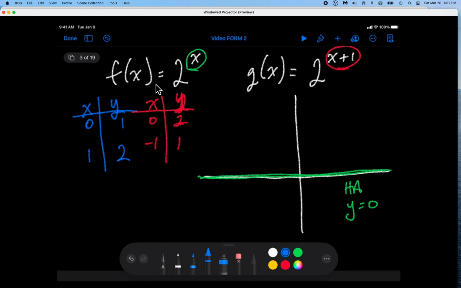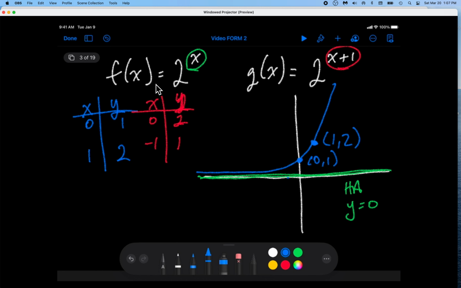We're going to plot the point (0, 1) and (1, 2). Okay. And our graph is going to do something like this for f of x. Like that. Okay, this is the point (0, 1). This is the point (1, 2).